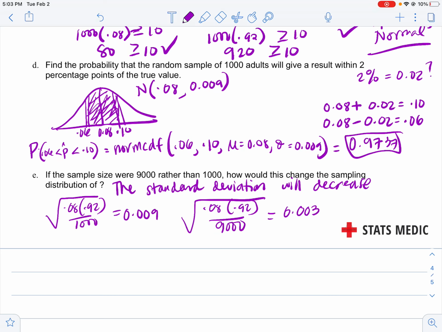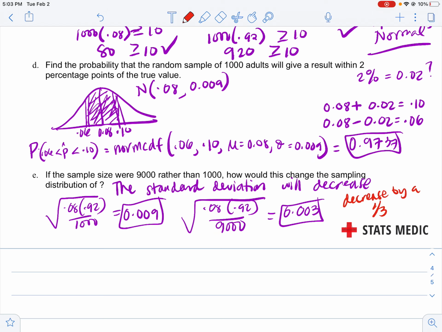You guys need to confirm. So is it true that the standard deviation will decrease? It is. And how much will it decrease? It will decrease by 1/3, because you have 3 divided by 9.